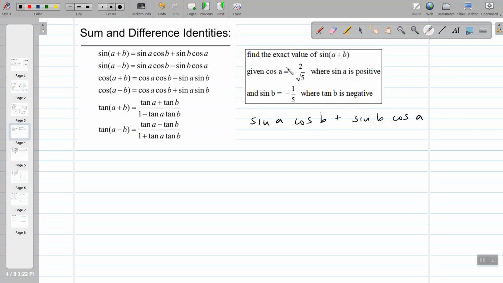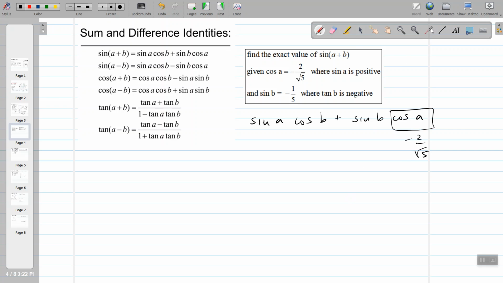So they tell you that for A, the cosine of A is -2 over rad 5, which is helpful because I'm going to need it for this spot over here. So I'm going to fill in this with -2 over rad 5.